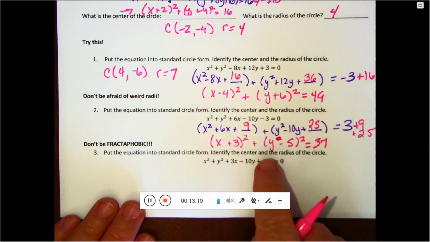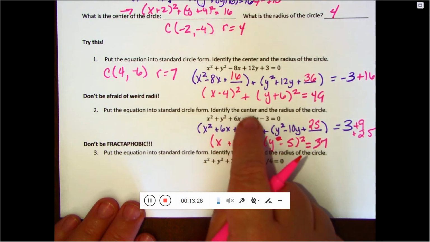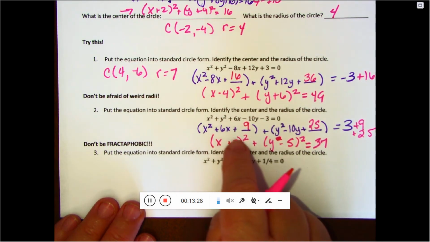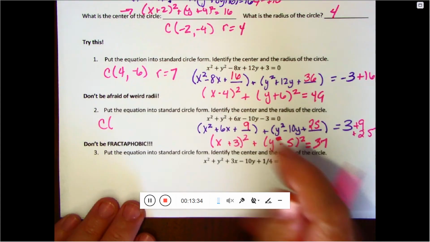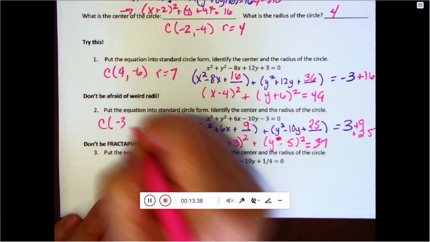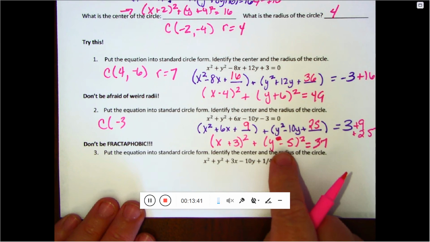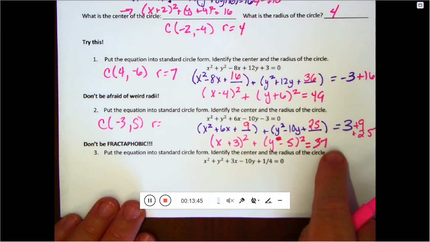Now I'm in my general form, or my standard form. This is actually called general form here. This is called standard form. And now that it's in the standard form, I can identify the center of my circle. I take the opposite of that for my x coordinate, it's negative 3. I take the opposite of that for my y coordinate, it's 5. And the radius is the square root of that.